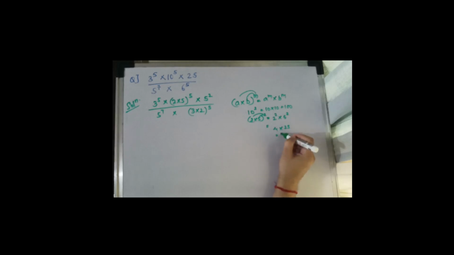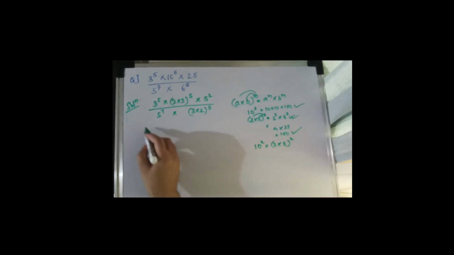And 25 into 4 is 100. So 10 to the power of 2 can be written as 2 into 5 to the power of 2, because this value 10 to the power of 2 gives us 100, and 2 into 5 to the power of 2 also gives us 100. So this is the important part here.